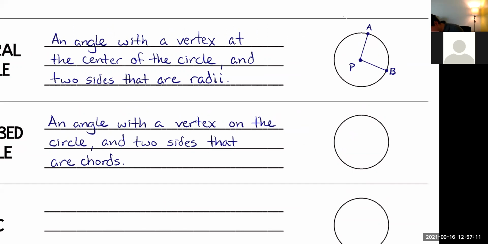I put them, ironically, at almost close enough positions that it thinks I'm trying to make a 45-degree angle and a horizontal line. So in this case, we have angle ACB. C is the vertex this time, but instead of being at the center of the circle, it's on the circle itself as well.